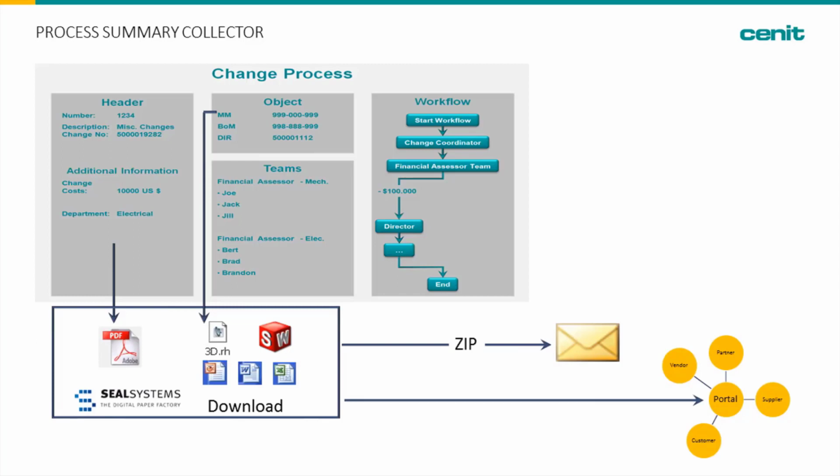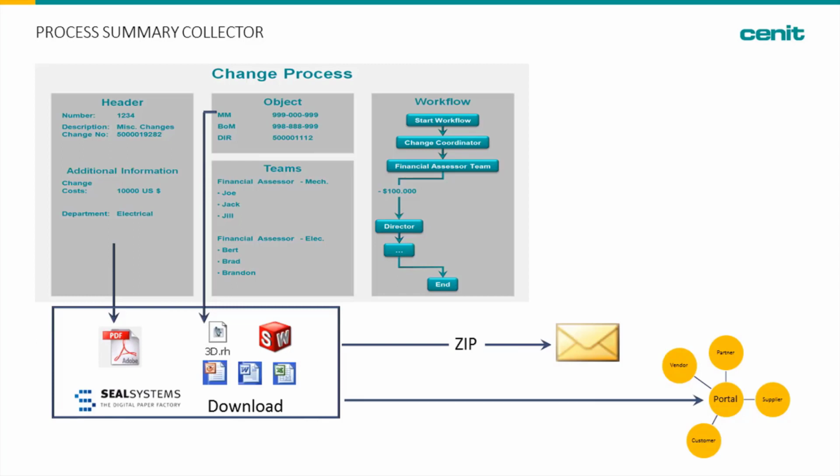So we have our change process, our product change process, we have header information, we have object information, we have workflow information. Obviously, the workflow will trigger sending out this package to, for example, a supplier. But what we would do with this one is we would collect the header information, we would store the header information inside a PDF.